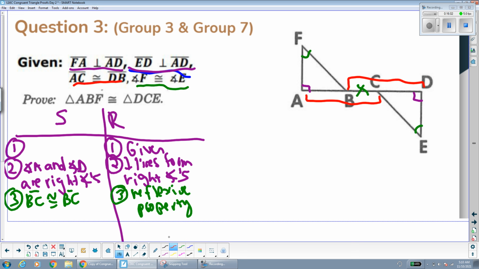And finally, after that, we're ready to do our subtraction. So for our subtraction, we're going to be starting with AC on the side, and we're going to be starting with DB on the side. And we talked about how from each one, we're going to be subtracting BC. So we just get the sides of each triangle that we need.